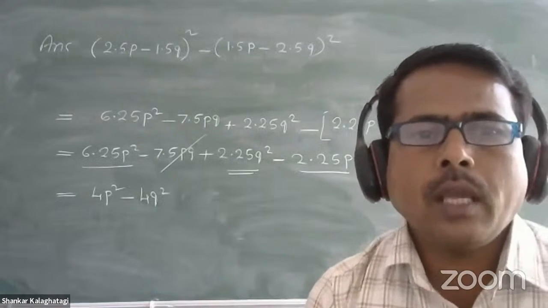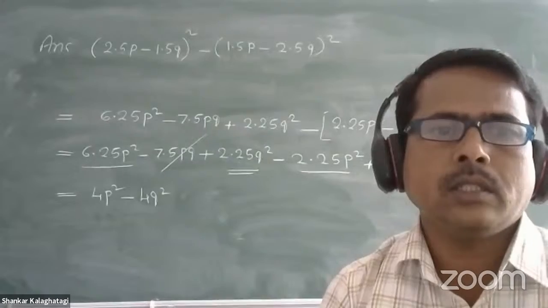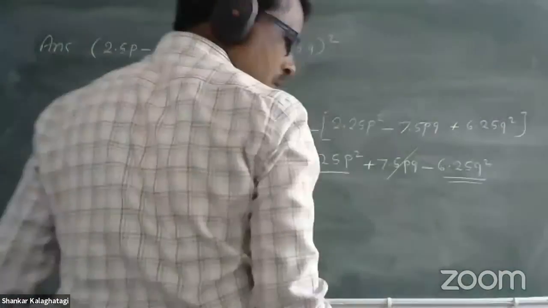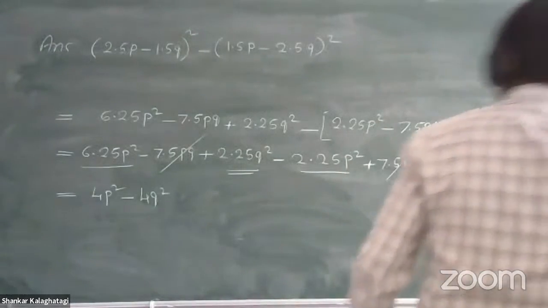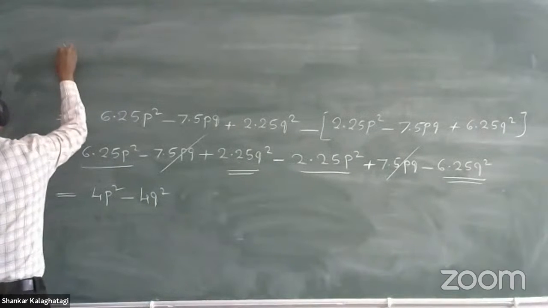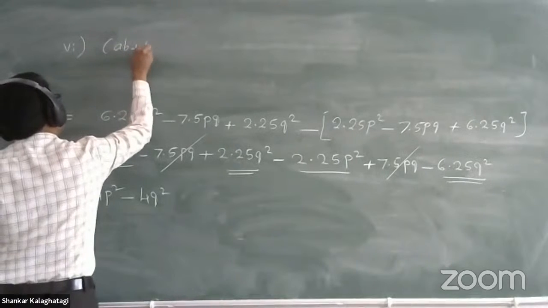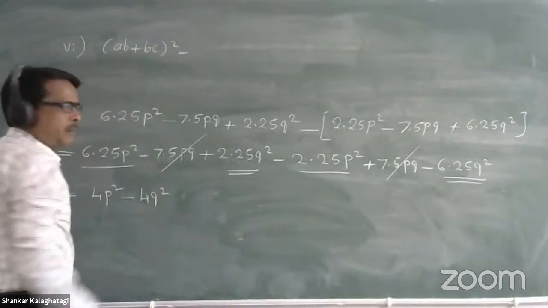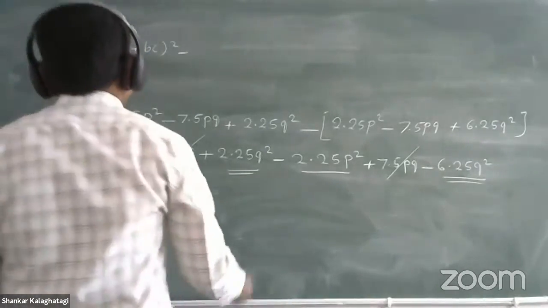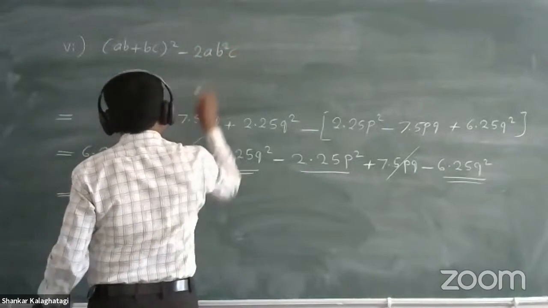What is the next question? (AB + BC) vector squared minus 2AB²C. Sixth question, question number 6: (AB + BC)² − 2AB²C.